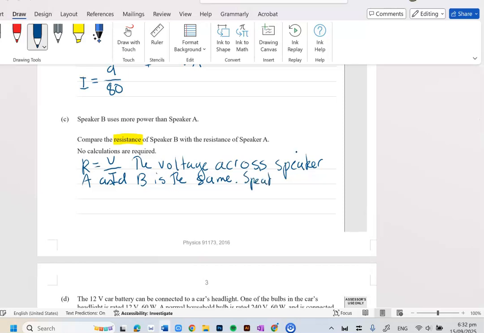Speaker B has more current flowing through.